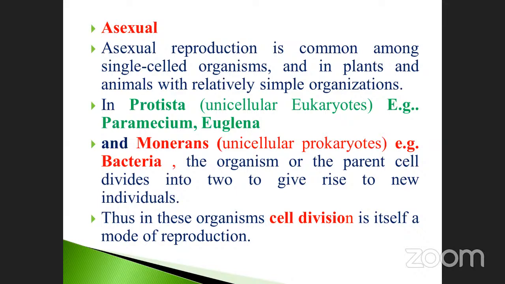Pro means primitive, karyon means nucleus. There is no well developed nucleus present in it, and at the same time membrane bound organelles are completely absent. But in the category of eukaryotes, the well developed nucleus is there, a rigid cell wall is also there, and they have all membrane bound organelles present in it: endoplasmic reticulum, smooth and rough, mitochondria, Golgi apparatus, ribosomes, dictyosomes, and also vacuoles.